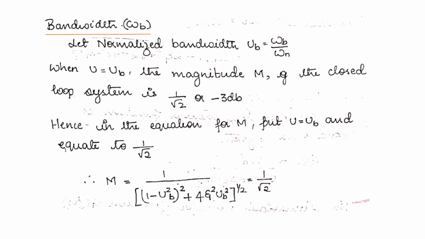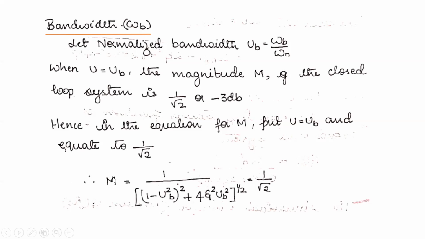What is that 70%? It is nothing but 1 by root 2. We know that at the half power frequency the output comes down to 1 by root 2, which is 0.707, so it is 70.7%. So when the magnitude comes down to that value, that gives the bandwidth.